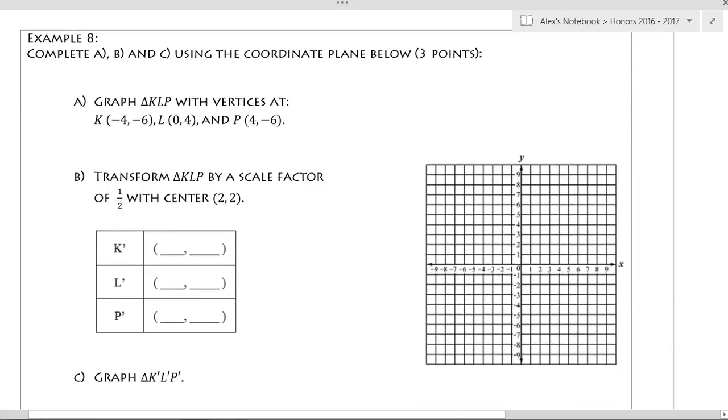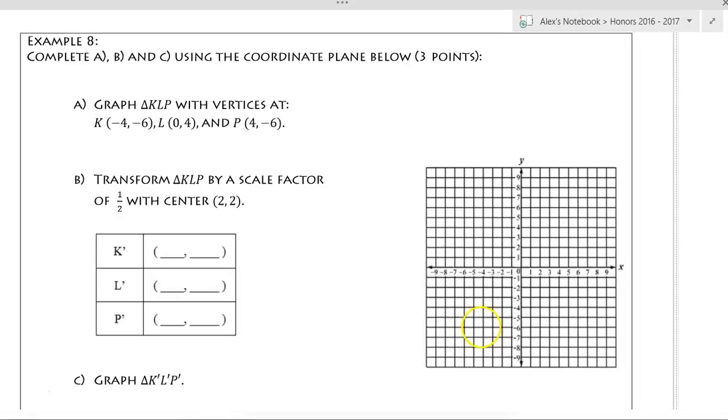So complete A, B, and C using the coordinate plane below. So first I want to graph triangle KLP with the vertices. So this is my original image. So K is at -4, -6, which is here.